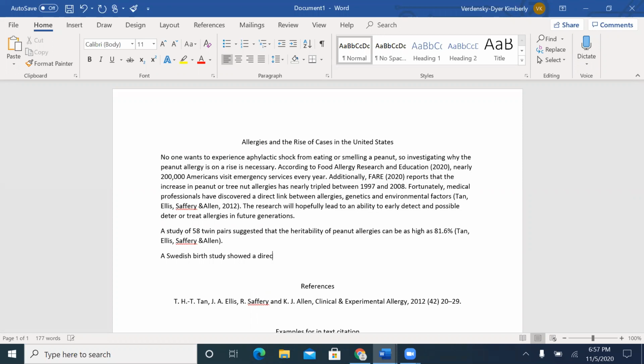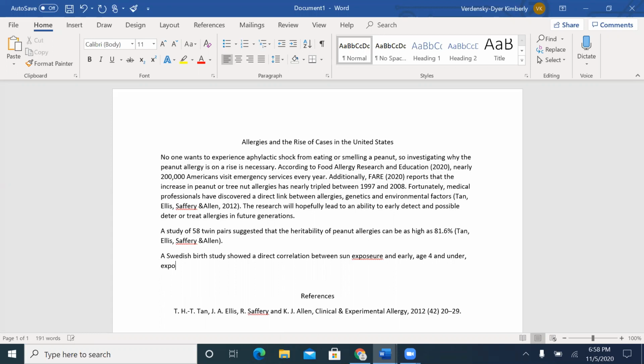Showed a direct correlation between sun exposure and early age 4 and under exposure to multivitamins resulted in a decrease in allergy sensitization.